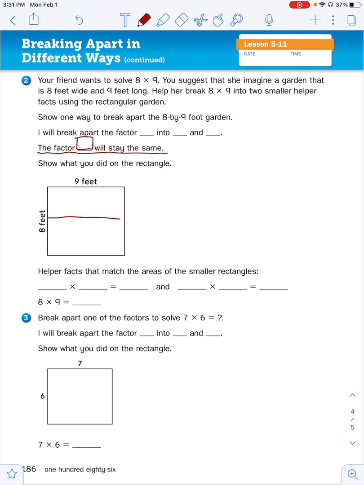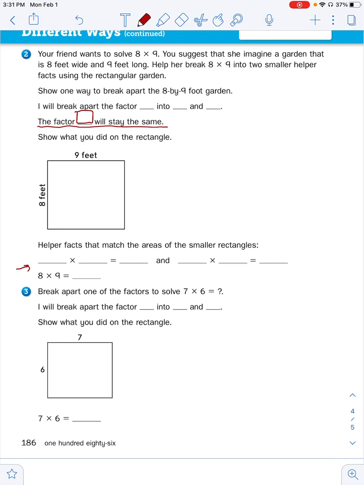But if you decided to break up 9, you would put 8 in this box. Okay, so it's just the one that you did not break up. All right, you might want to refer back to this video in order to know what goes in these blanks right here. But just remember, it's just the new multiplication sentences that you made when you broke up your shape. Okay, so do those two problems and then turn it in.